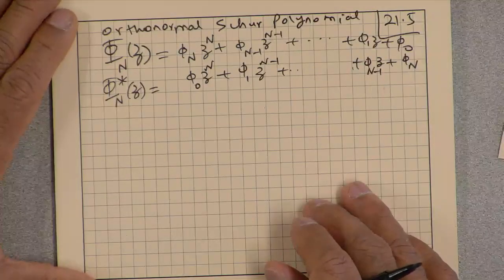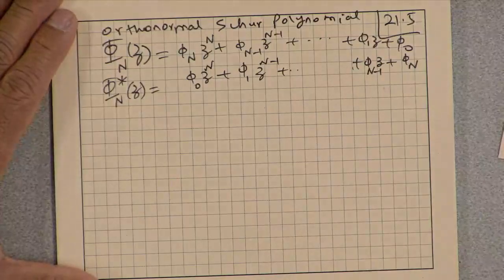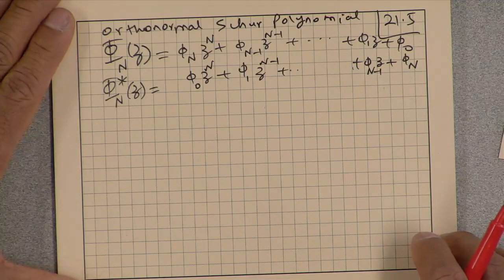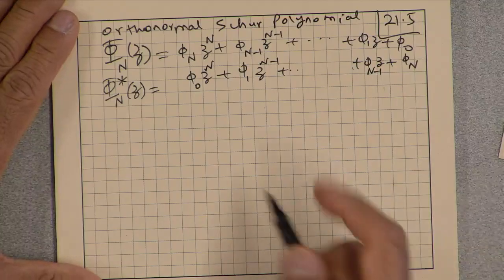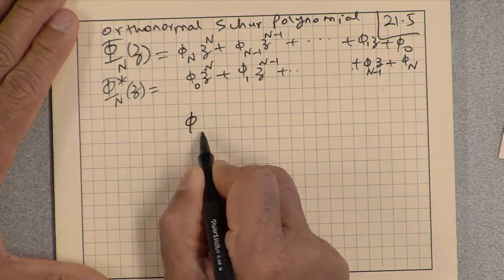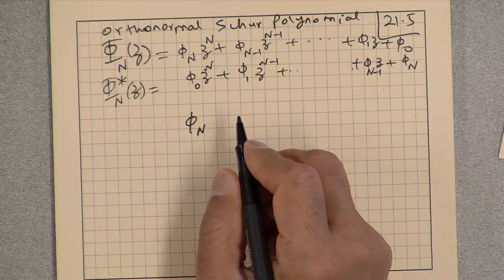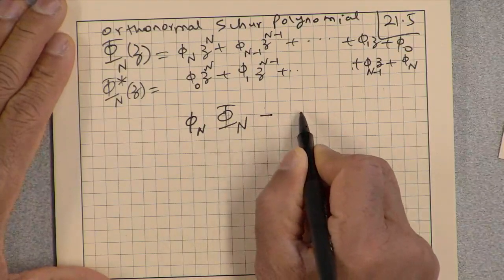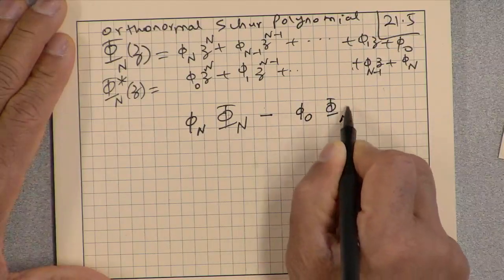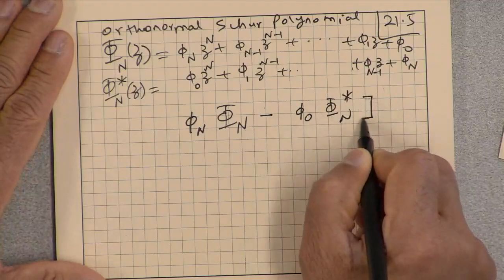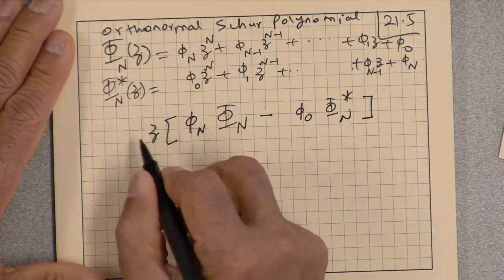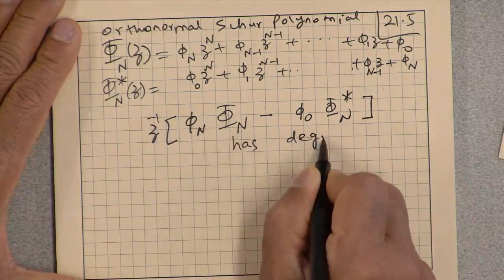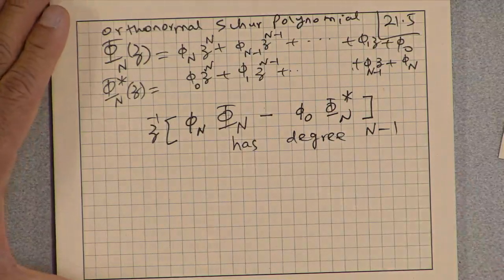So how can I reduce the degree by 1? So if you look at the two polynomials and I want to reduce the degree by 1, let's just make some observation.